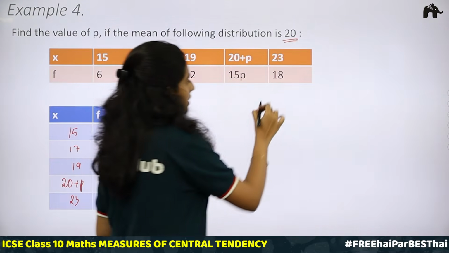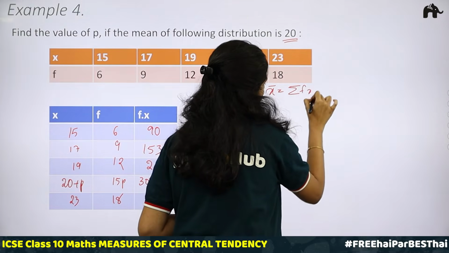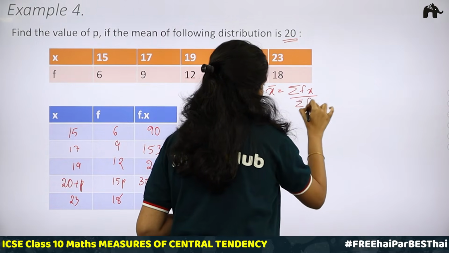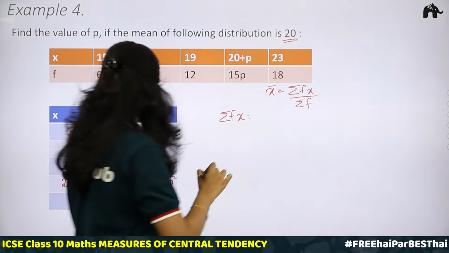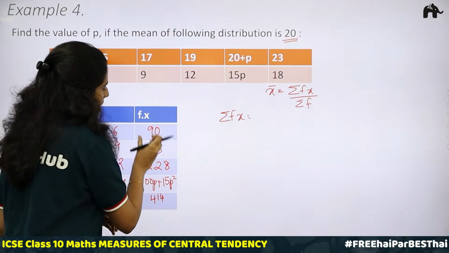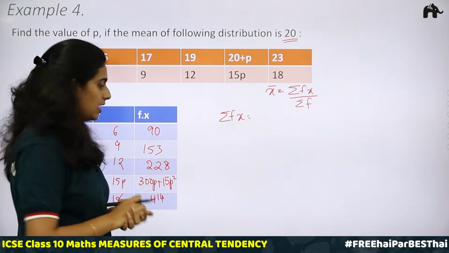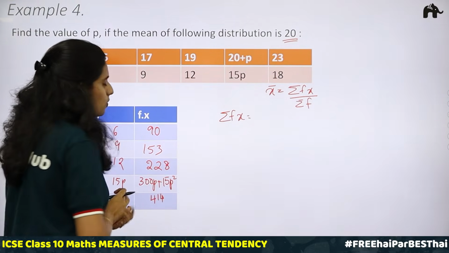Now what is the formula we have? Mean is equal to sigma fx divided by sigma f. So we need sigma fx. Sigma fx is the sum of all these. When you take the sum, what do we get? 90 plus 153 plus 228 plus 300p plus 15p square plus 414.